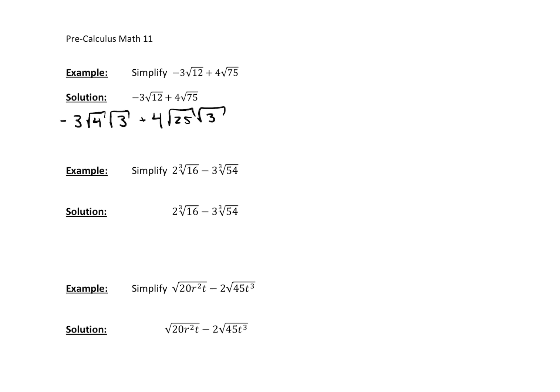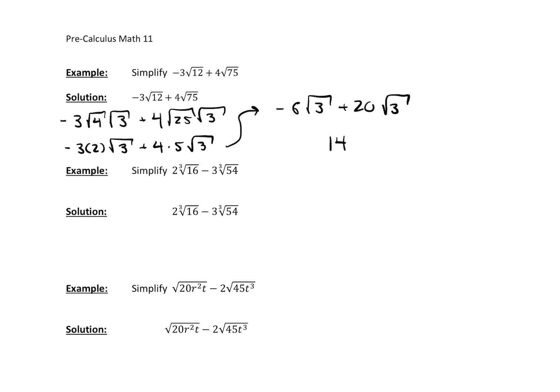So that'll simplify to negative 3 times 2 times root 3 plus 4 times 5 times root 3, which will simplify to negative 6 root 3 plus 20 root 3. And now you have root 3 and root 3, so add them up. 14 root 3.